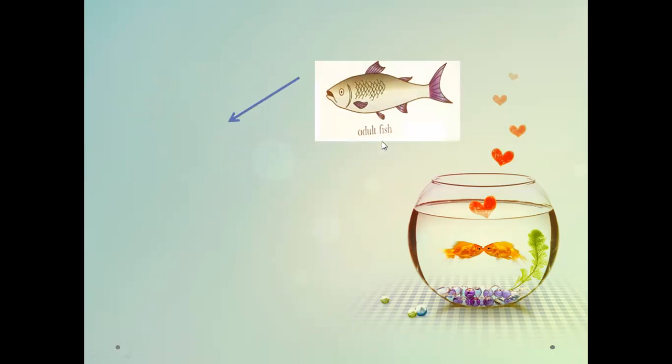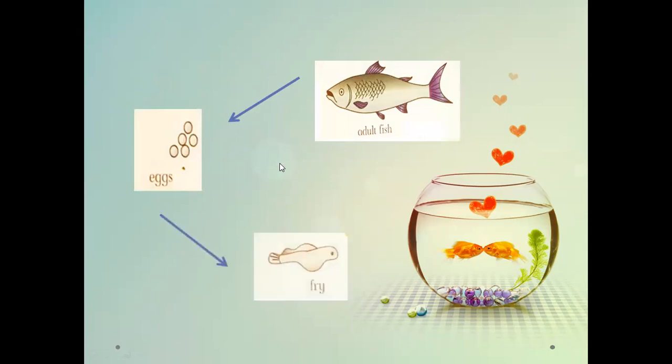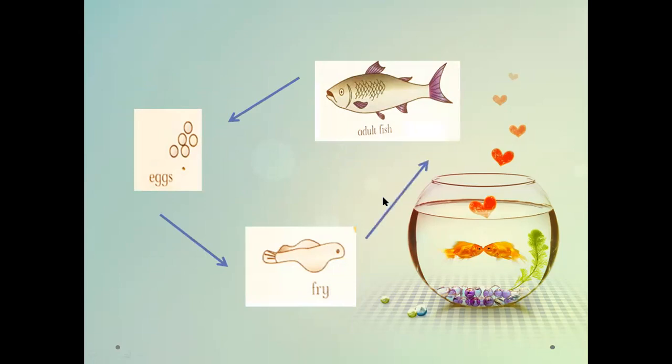The adult fish lays eggs in water, then from the fertilized eggs fry come out, and then the fry is converted into an adult fish when it is able to reproduce after a few months.